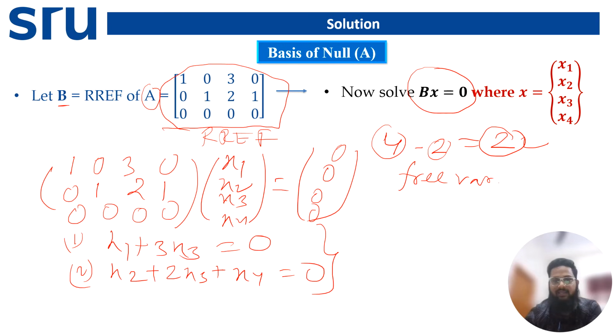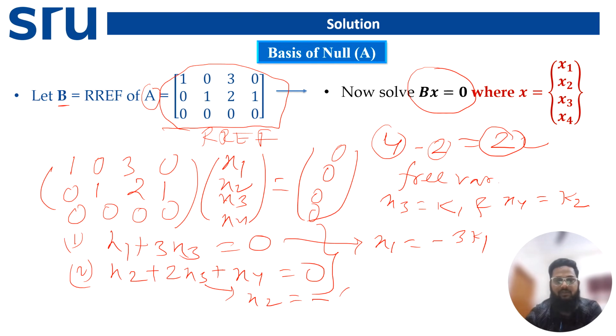Suppose I am taking x3 as k1 and x4 as k2. If you substitute in the first equation, you will get x1 equal to minus 3k1. From the second you will get x2 equal to minus 2k1 minus k2, because x3 is k1 and x4 is k2.